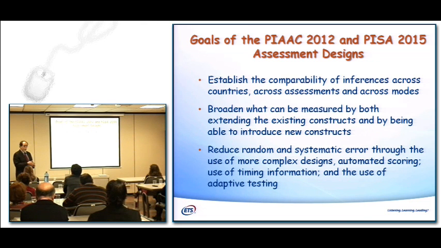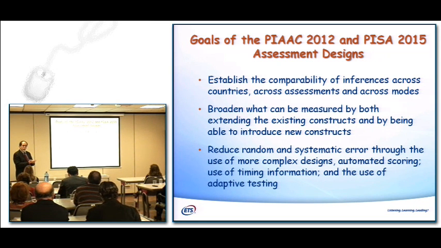There was no human scoring on the computer. It was only done on the paper and pencil. We'd like to increase the amount of automated scoring in PISA for reasons we were talking about earlier. No matter how good human scoring is, it's never perfect. And it's hard to get 100% reliability within a country, never mind across countries.